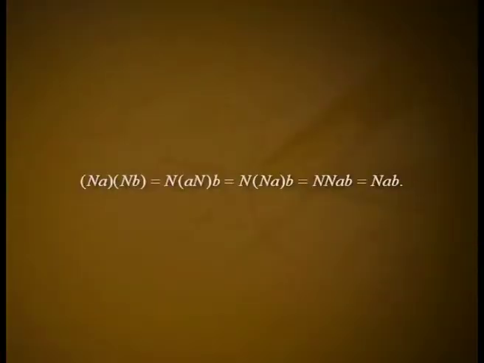Since N is normal in G, by the definition stated just above, a N is equal to N a, and so N a N b is equal to N (a N) b, which is equal to N (N a) b, which is equal to N N a b, which is equal to N a b. This shows that the product of two right cosets of N in G is again a right coset of N in G. Proof of the converse part is left as an assignment.